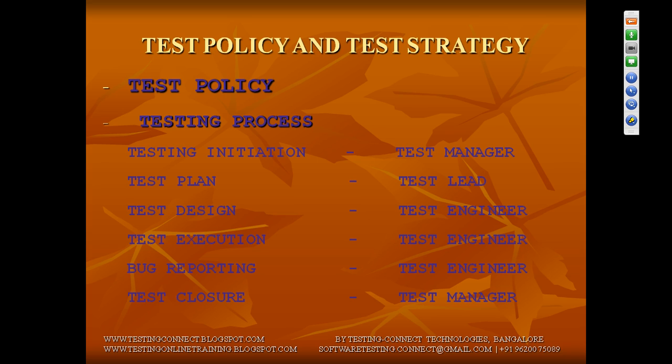Once you come up with test cases, what you can call a test suite, or test case suite, you will be able to execute against the latest release. This is nothing but test execution, which is your regression testing.